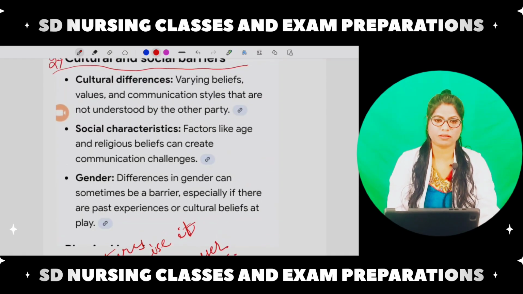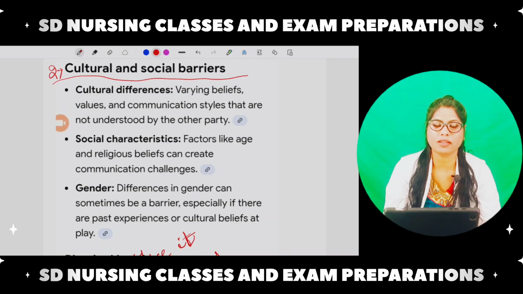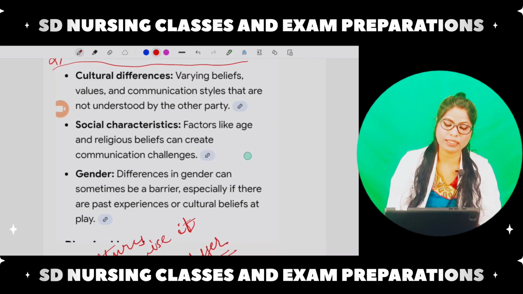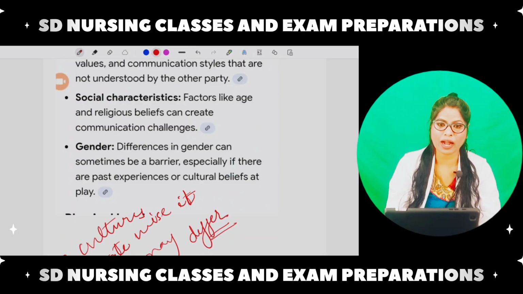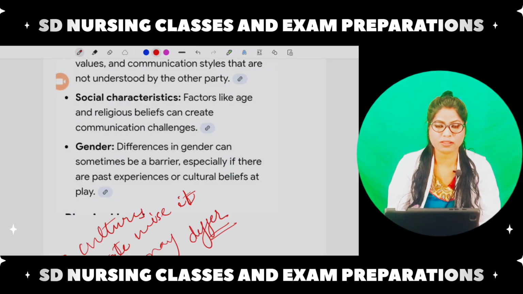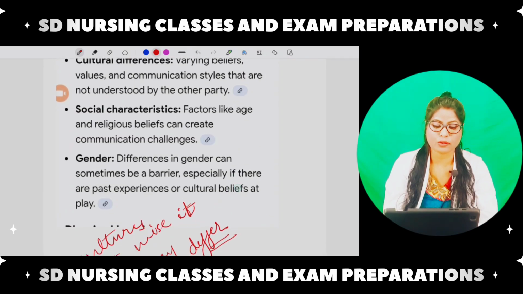So when you are there in an area and your culture and the patient's culture are different, you have to understand the patient's culture, his belief and his values.